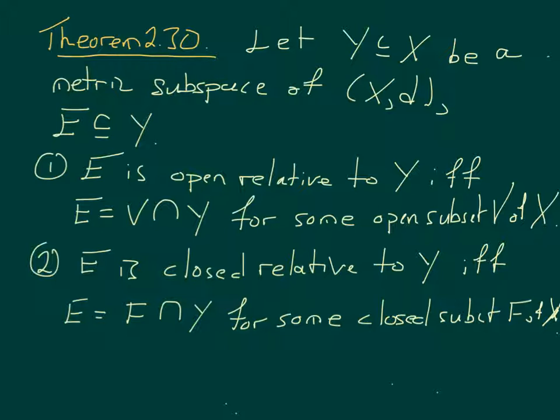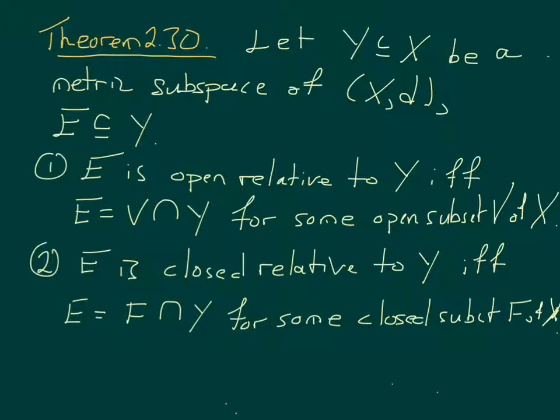So E is open if and only if it's the intersection of an open subset V of X with Y. And E is a closed subset of Y, or closed relative to Y, if and only if E is the intersection of a closed subset F of X with Y. So what is this saying?